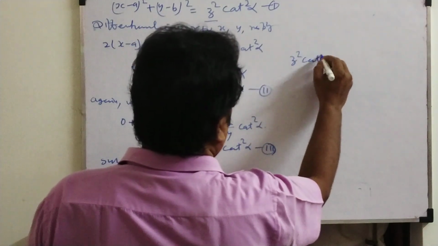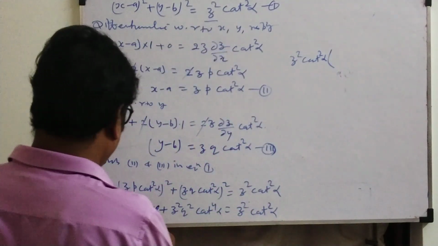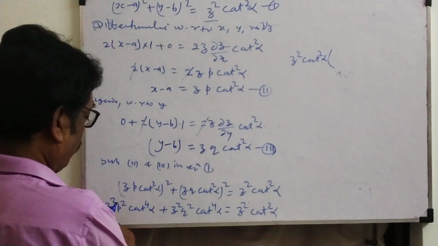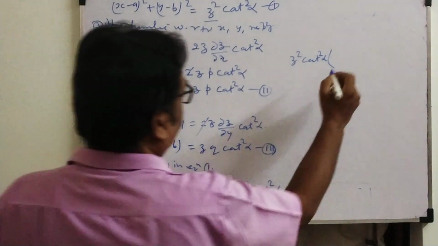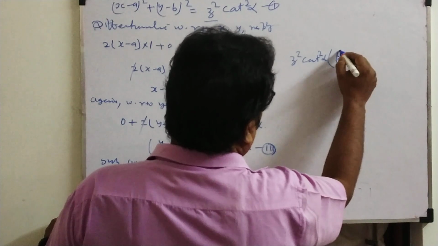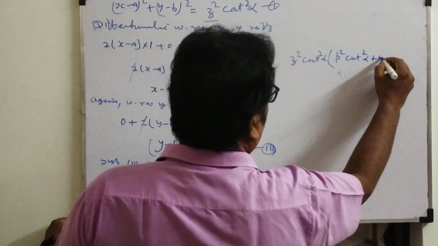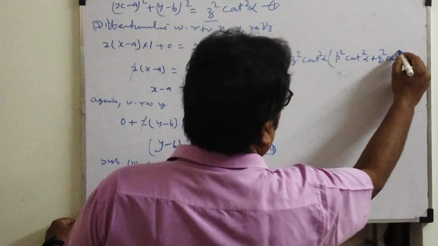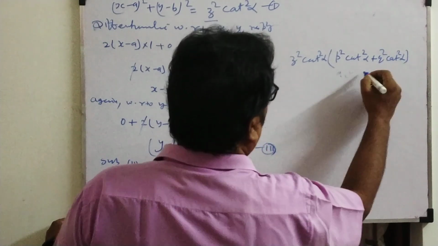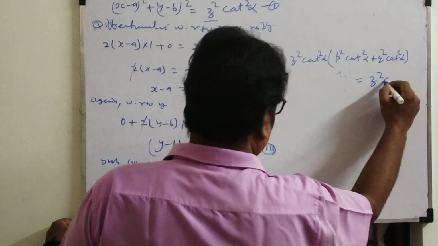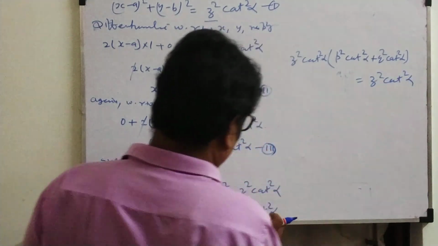Z square cot square alpha taken common, what will be there here? P square cot square alpha plus q square cot square alpha equals z square cot square alpha.